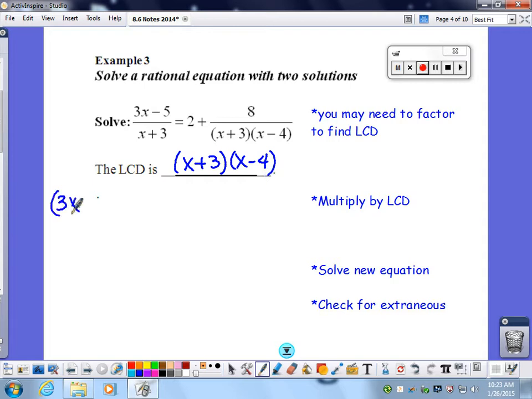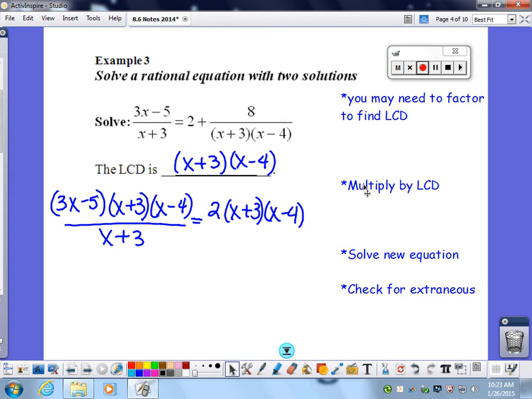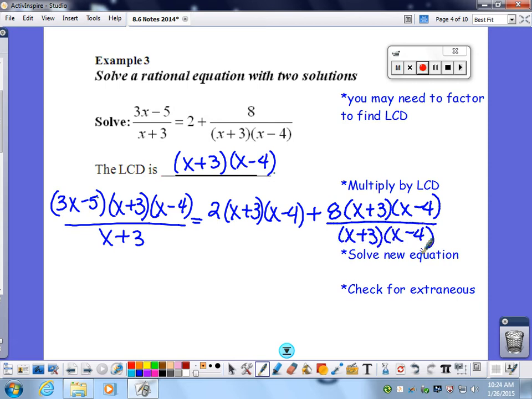So this becomes (3x minus 5) times (x plus 3)(x minus 4) over (x plus 3) equals 2 times (x plus 3)(x minus 4) plus 8 times (x plus 3)(x minus 4) over (x plus 3)(x minus 4). I multiplied all the numerators by my common denominator. My goal here is to get rid of my denominators.